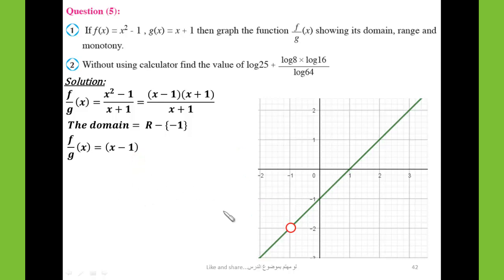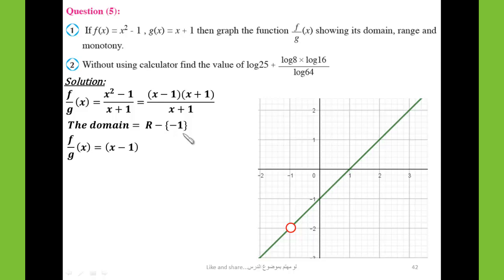And don't forget to put a circle around -1 and -2, because the function is not defined when x equals -1. From the beginning, the domain equals R difference {-1}, so the function is not defined when x equals -1.